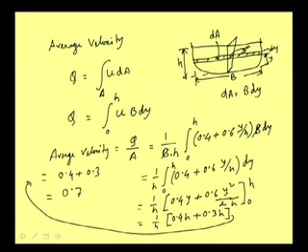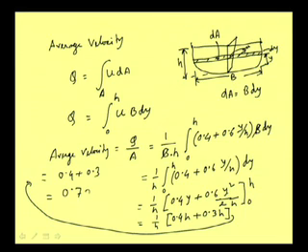So the average velocity we are getting is 0.7 meter per second. I have just shown how, in a systematic way through the integration process, considering the flow velocity in an elementary area, we can finally get the velocity.